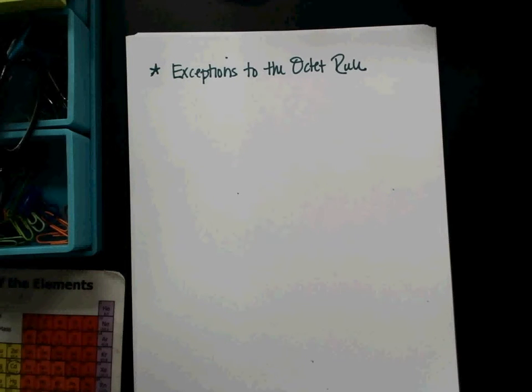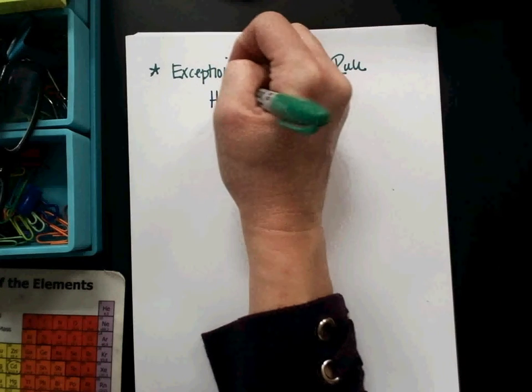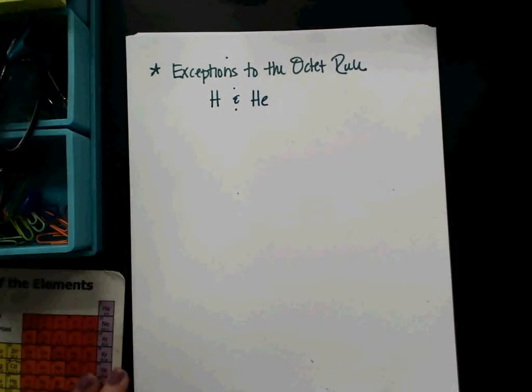Hydrogen and helium. Now, let's think about that. Don't sit down yet. Hydrogen and helium only use the first energy level. How many orbitals does it have? Good, 1. What is that orbital? S. S can hold how many electrons? 2. That's why. So these guys, H and He, you can sit down. I'm sorry. H and He, how many do they want?